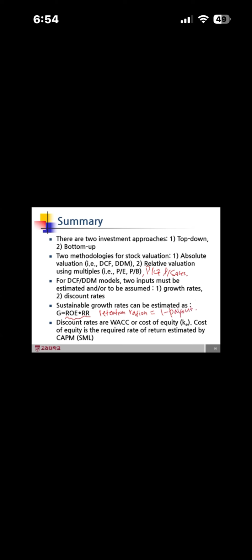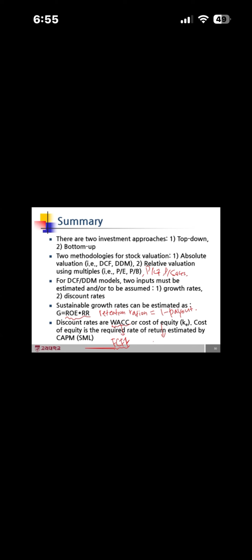And the discount rates were either a weighted average cost of capital if you use free cash flow to the firm as an earning measure, or cost of equity if you use an earning measure that is attributable to stockholders only.